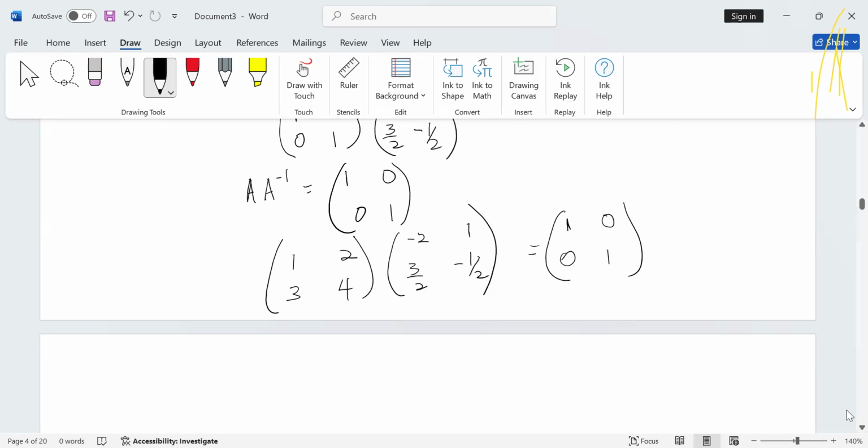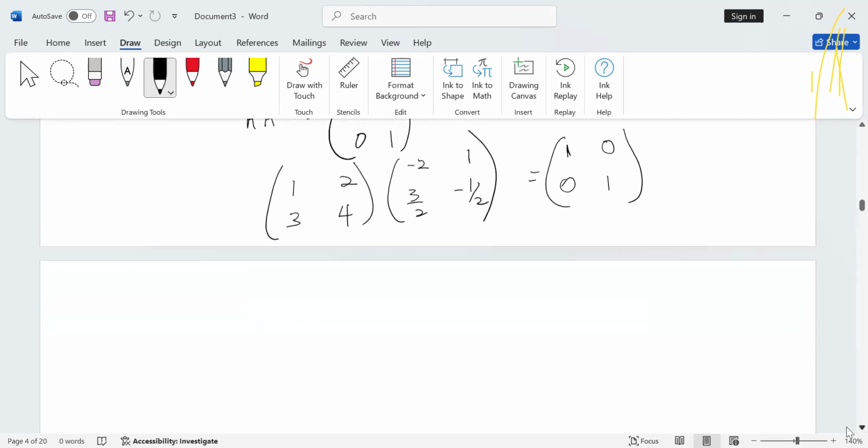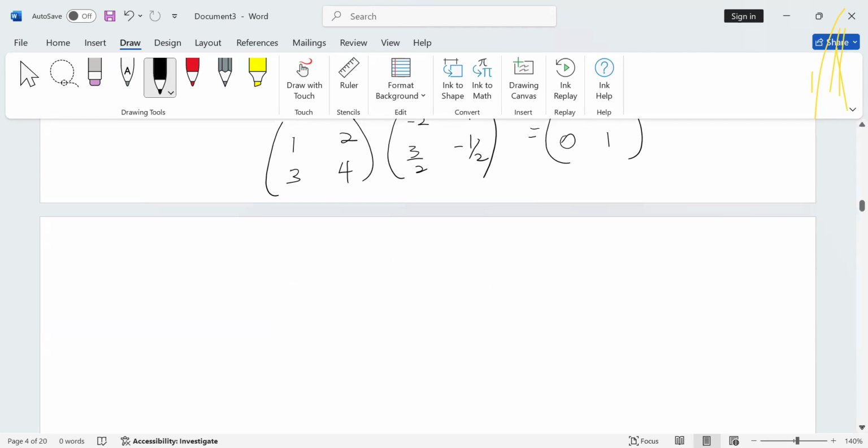So let us use determinant. Find the inverse of a matrix using determinant. This is something you have done.